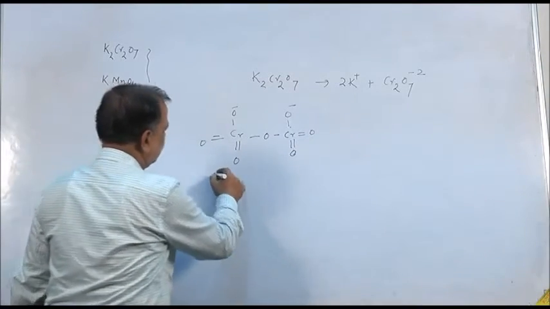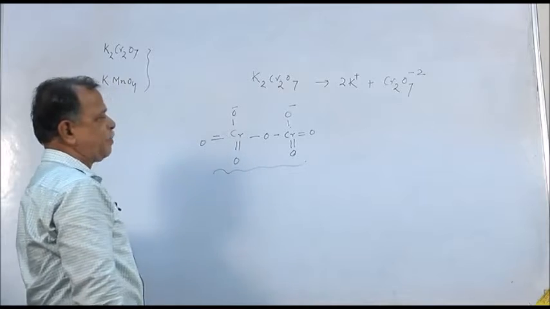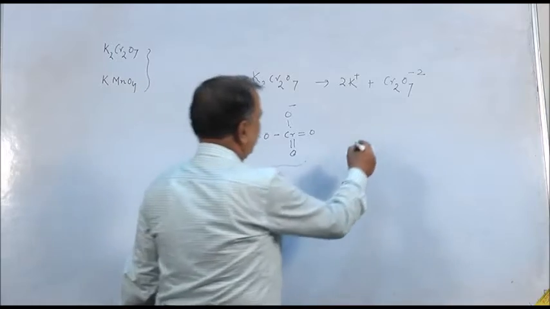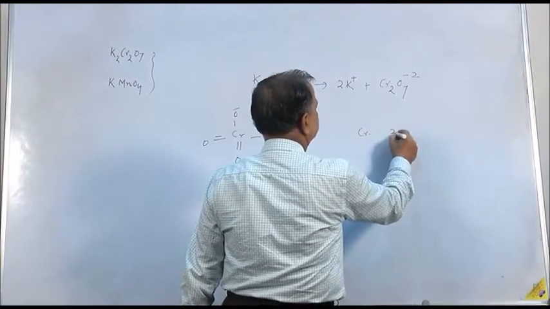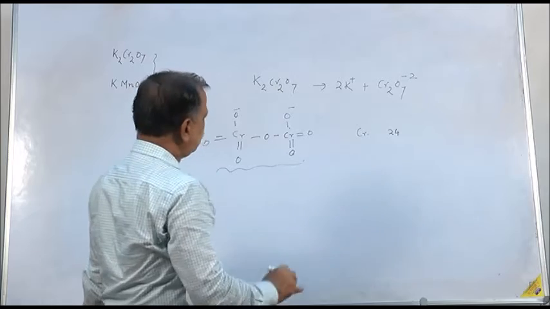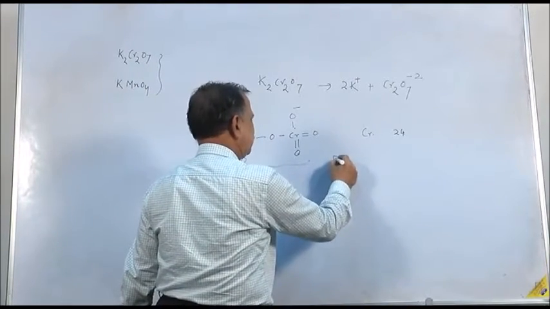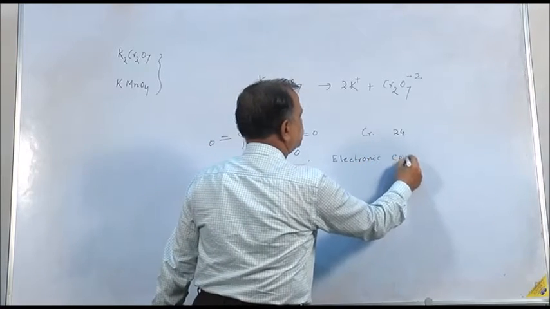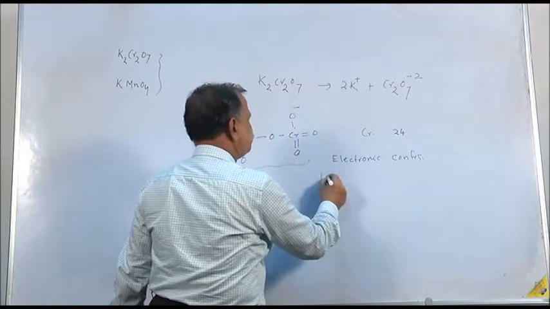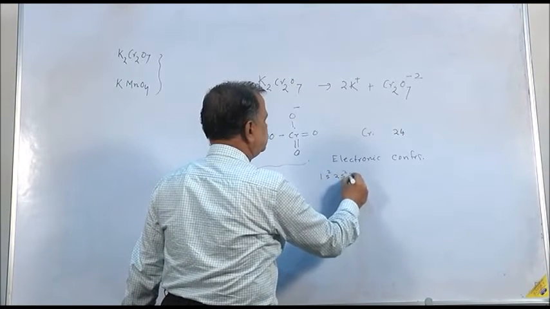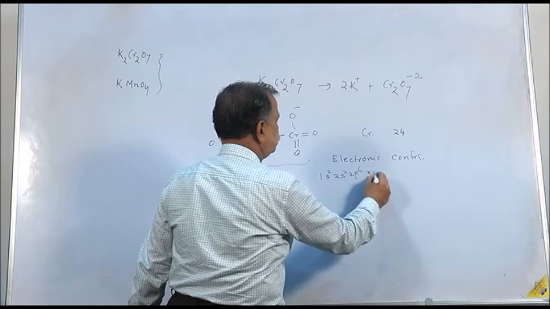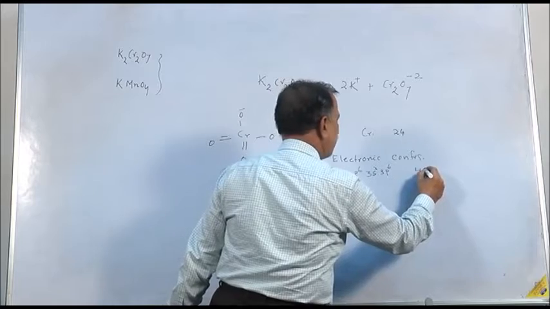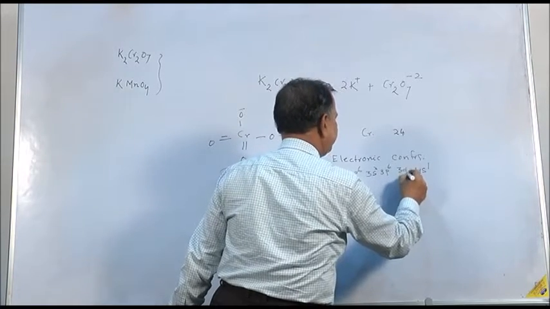Now, how is this structure possible? What types of hybridization take place, we will discuss now. The chromium atomic number is 24. Its electron configuration, which I have already told you, is 1s2, 2s2, 2p6, 3s2, 3p6, 4s1, which is exceptional, 3d5.